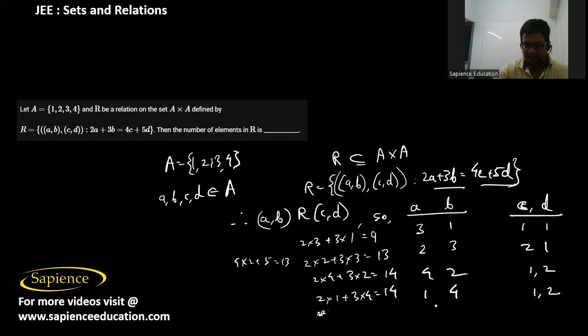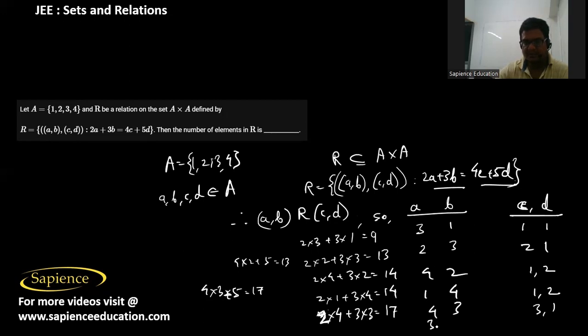And (a, b) here we can take (4, 3), since 2 into 4 plus 3 into 3, that is 8 plus 9, that is 17. Then here also this will be (3, 1), since 4 threes are 12, 12 plus 5 is also 17.